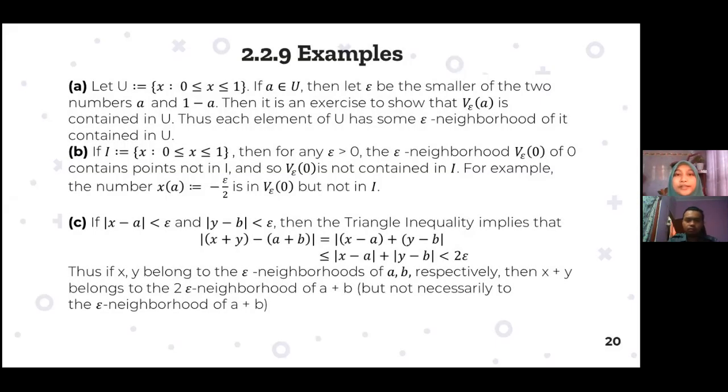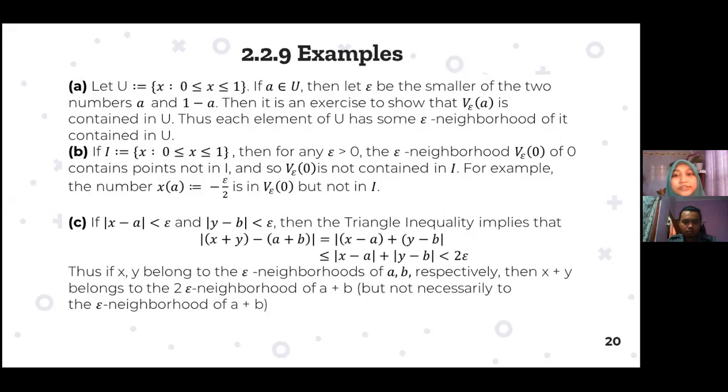For 2.2.9, examples. The first example: let U be the set of x such that x ≥ 0 and x ≤ 1. If a is an element of U, then let ε be the smaller of the two numbers a and 1 − a.